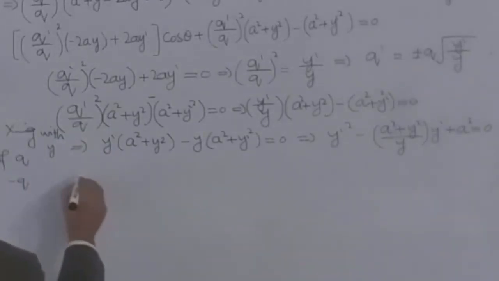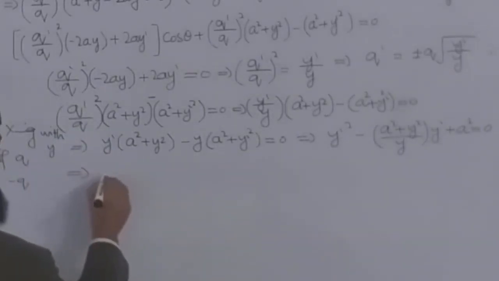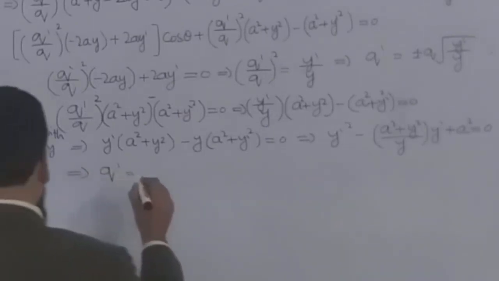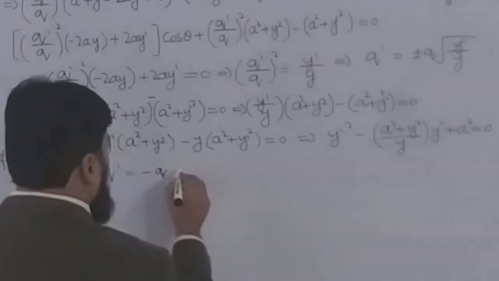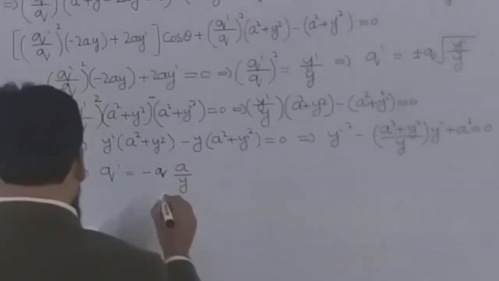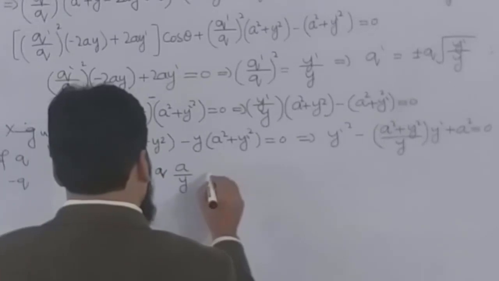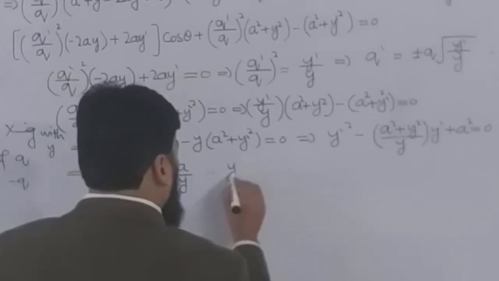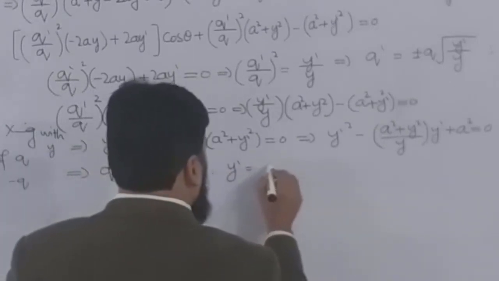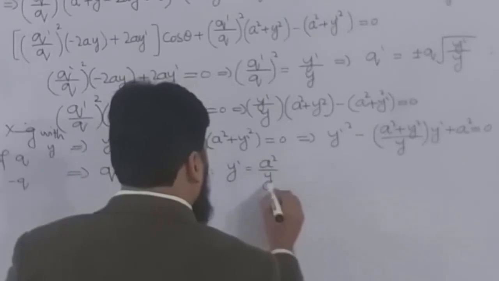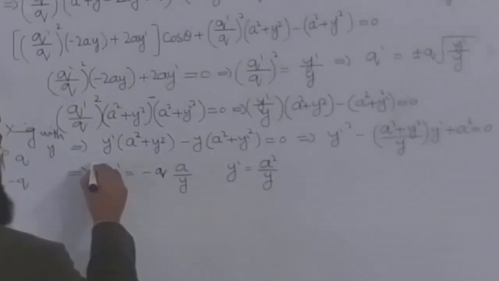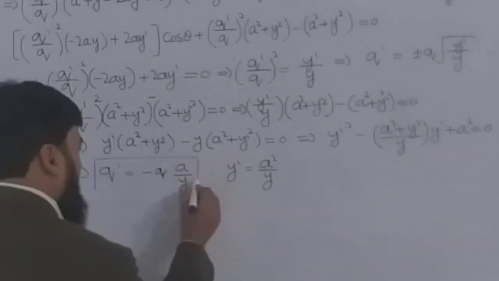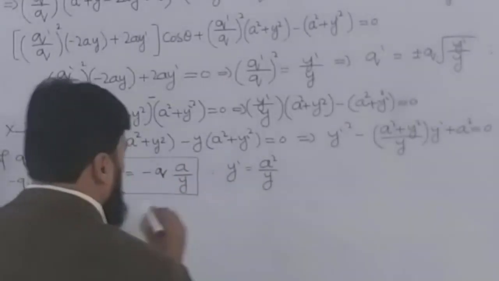So this implies that our q prime is equal to minus q a over y, and our y prime is equal to a square over y. These are actually our two results. Now I hope you understand why this one is equal to this.